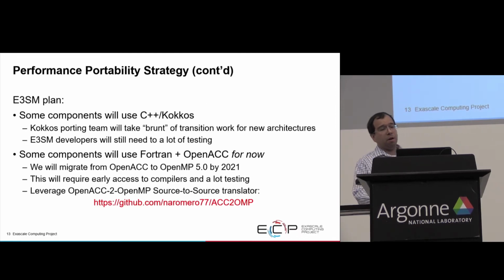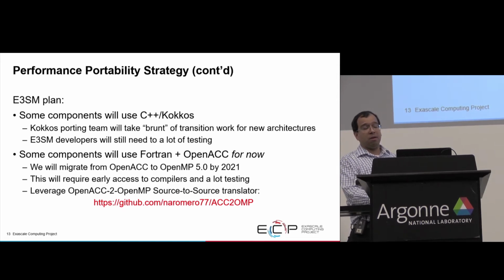So our plan is some components will use C++ and Kokkos. Right now we have a lot of Fortran and OpenACC. We will migrate that over to OpenMP 5.0 by the time these machines come in. It's going to require a lot of early access to compilers and a lot of testing.